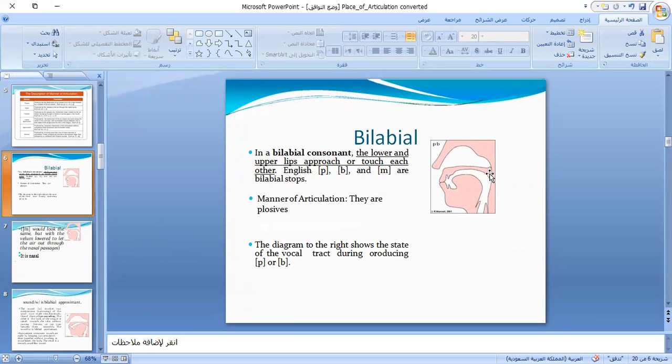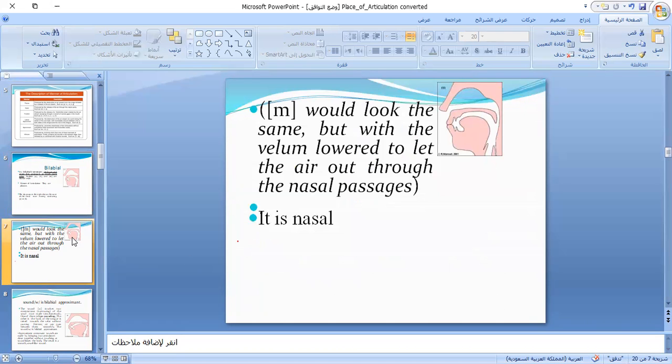It is absolutely closed. Here, the velum is closing the passage to the nose for producing P and B. But in producing M, the velum is lowered. It opens the passage to the nose, so we produce the M as a nasal sound.